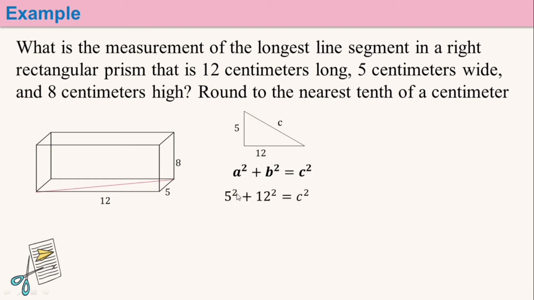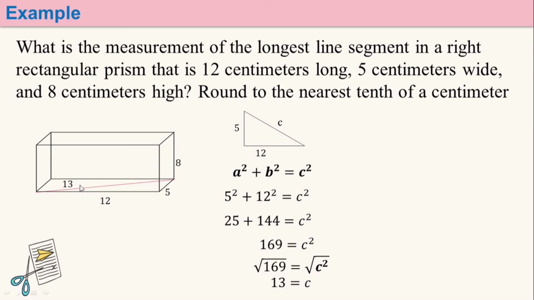So we have 5 squared plus 12 squared equals c squared. 5 times 5 is 25. 12 times 12 is 144. Because these are on the same side, we're going to add these two together. So that's 169. And then we're going to square root both sides. So the square root of 169 is 13. So this is 13 now. Now that's the bottom diagonal.